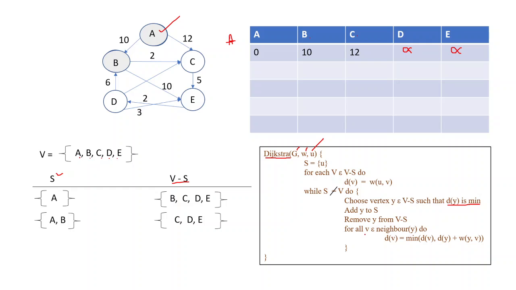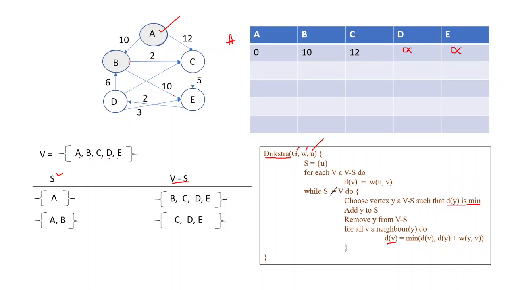Now for all neighbors v of y, we need to compute the distance, where v is any neighbor of B in our case. In this case there are two nodes reachable from B. The neighbors of B are C and E, as you can see here.